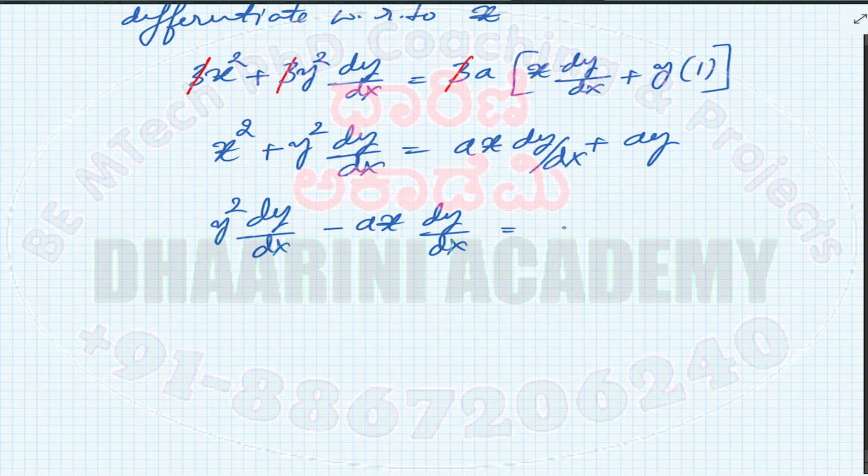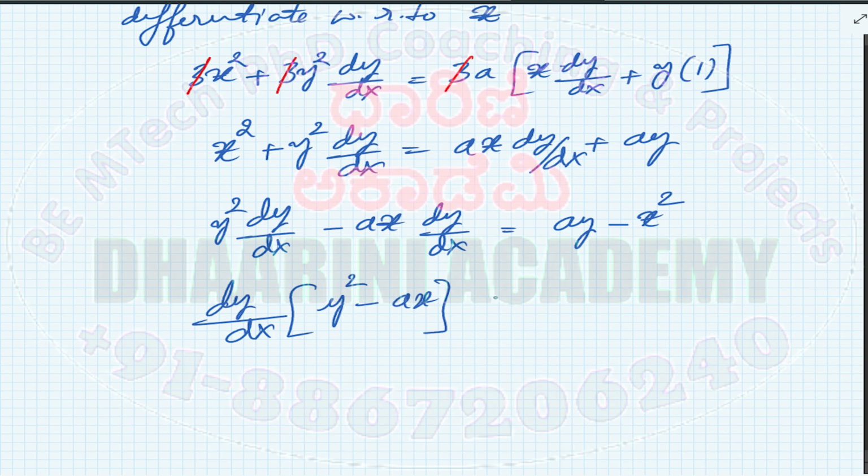So I'll write the ay as it is, minus x square will go from the left to the right, so this becomes negative x square. All right, so let's take the dy by dx common from the left hand side. So I'm left with y square minus ax, and on the right side I have ay minus x square.